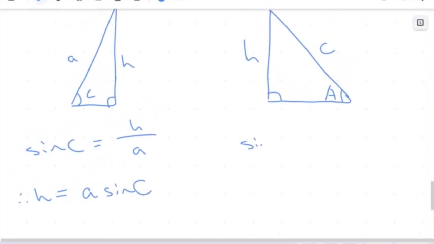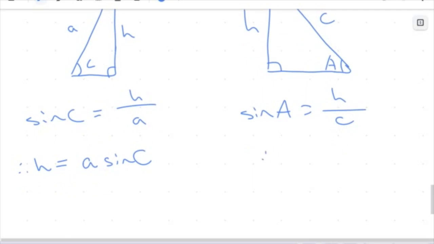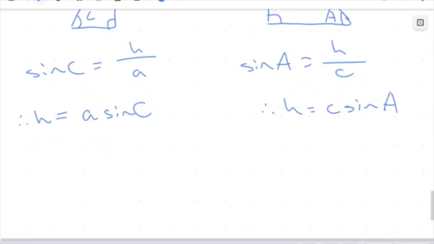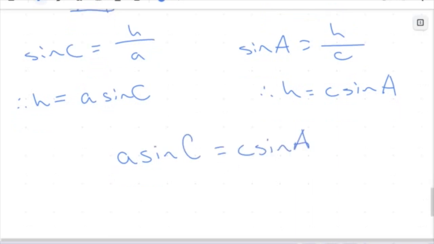And here, sine, from the perspective of my angle A, is going to be my opposite h over my hypotenuse c. So I can say, therefore, h equals c sine A. And these two are equal now, because they're both equal to h. So a sine of C is going to be equal to c sine of A.